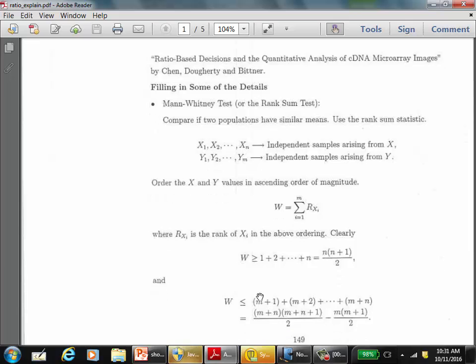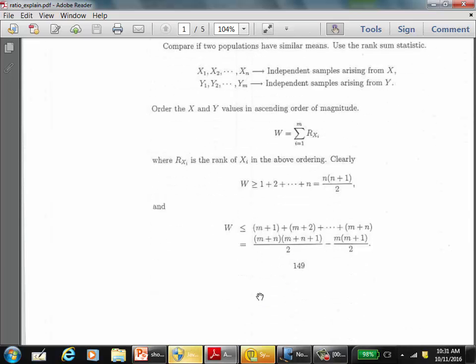So now, on the other hand, the other extreme possibility is that you could have W where the mean of the x's is significantly higher than the mean of all the y's. That means all the y's occur before all the x's, right? So in that case, the rank will start at m plus 1, because all the y's will have been listed first, and then it's m plus 1, m plus 2, up to m plus n.